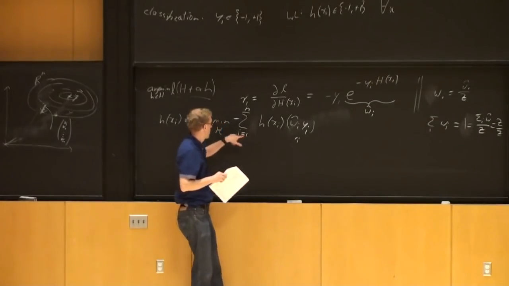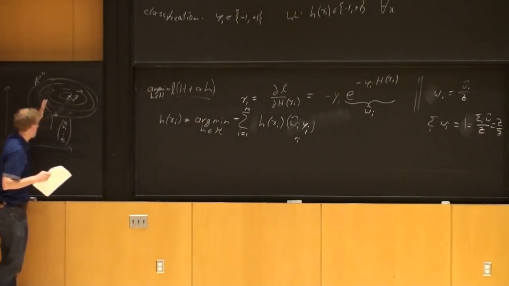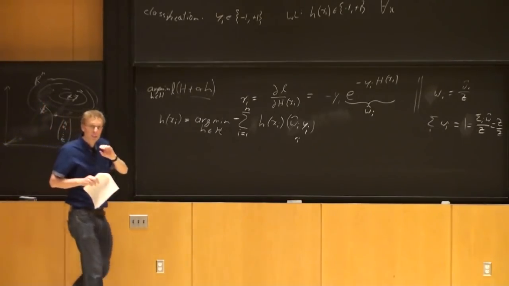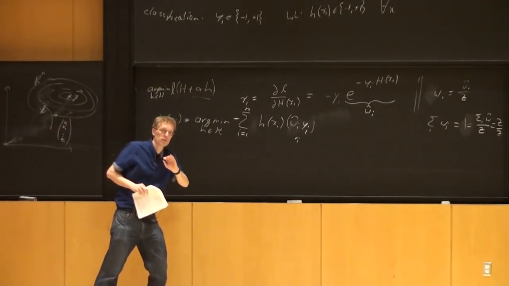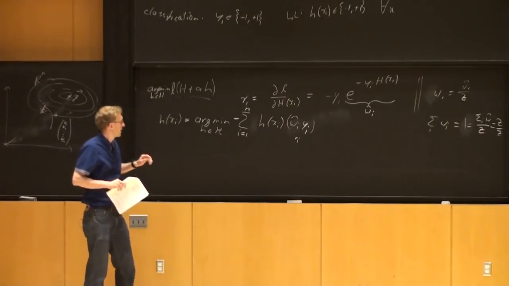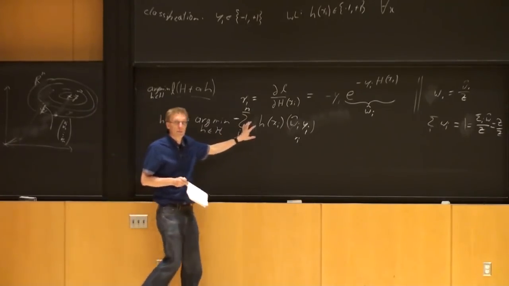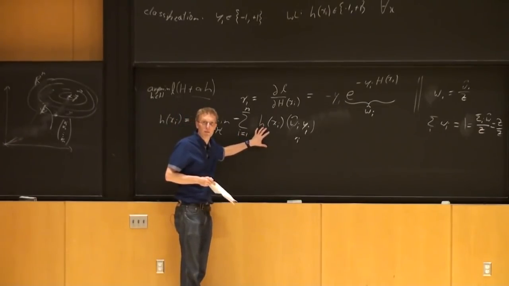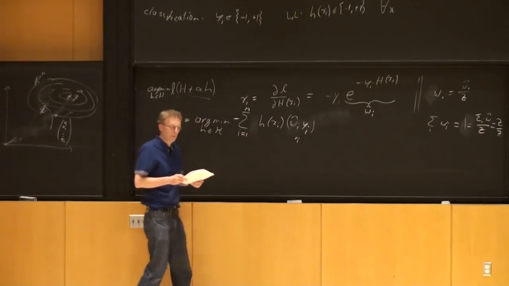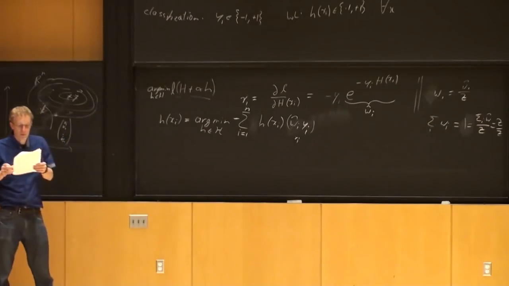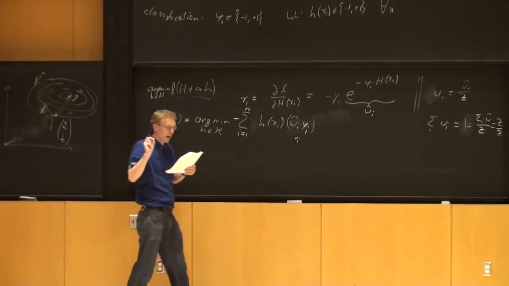If this is very, very large, then I'm pointing exactly in that direction. Raise your hand if that makes sense now. If it doesn't make sense, please read last lecture's notes again, because that's exactly what we derived last time, that you basically have to minimize this inner product. Okay, let's just go ahead from here.